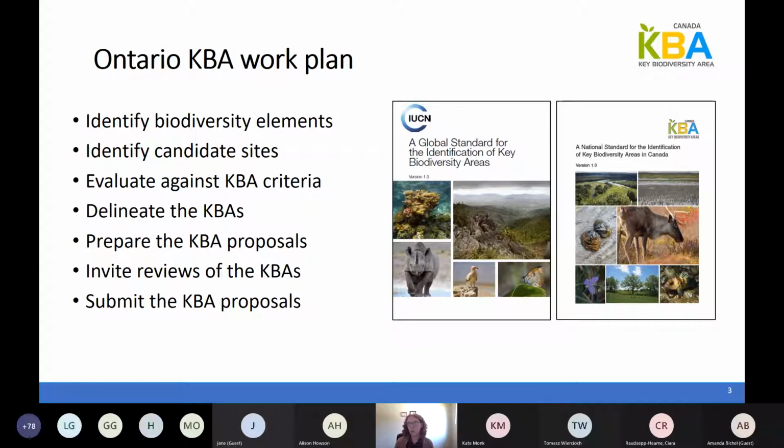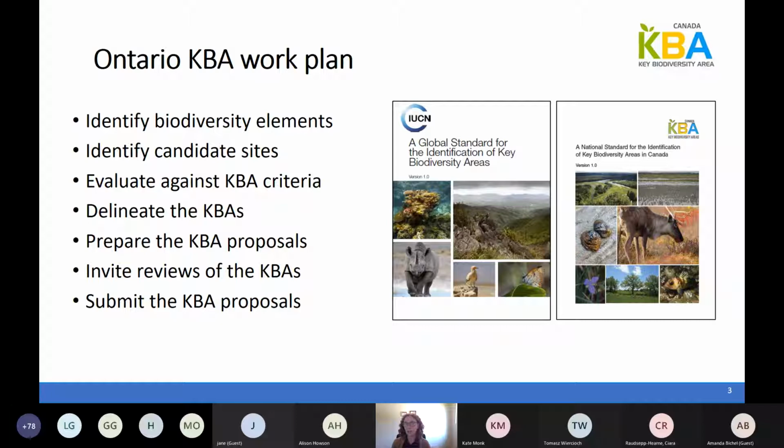So our work plan in Ontario is based on both the global and the national standards for the identification of key biodiversity areas. So we're using both of these standards to identify both global and national KBAs. The first part of our plan is to identify biodiversity elements that might trigger KBAs.